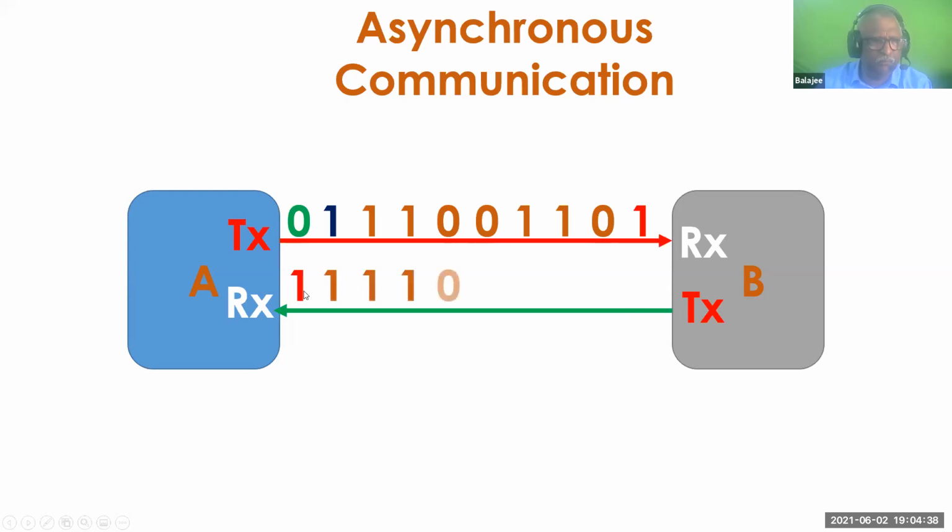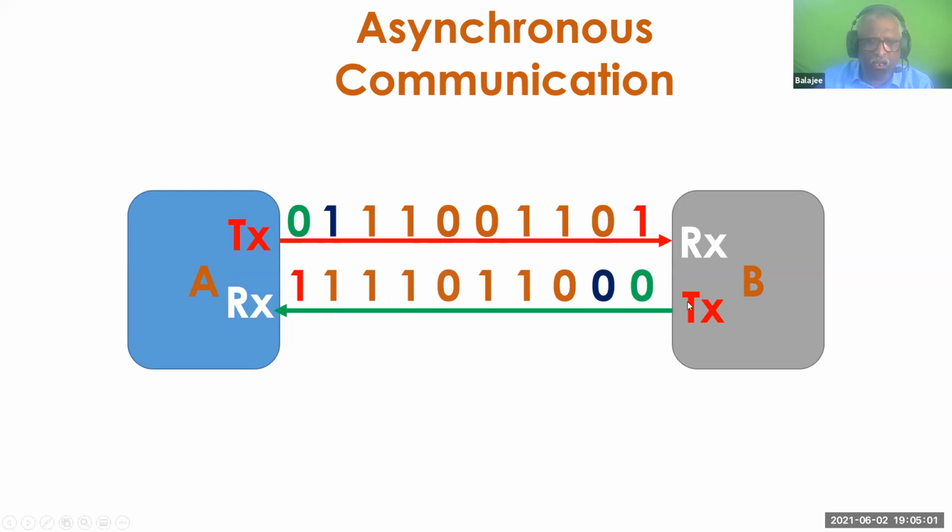In the same way, B will start doing it. He sent a start bit, then the data 1110110, then the parity bit and the stop bit. While A is transmitting to B, there are four ones in the data, so he added one extra in the parity bit because the agreement is odd parity.